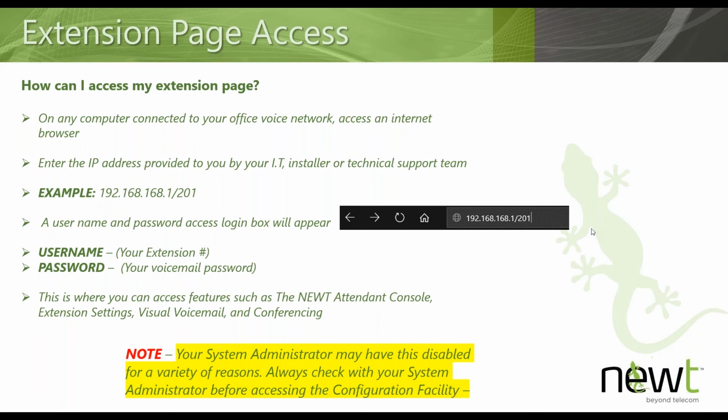Your username will be your extension number and your password will be your voicemail password that you use today. If you haven't set up your voicemail, then your voicemail password will still be the default. So this is where you can access features such as the Newt Attendant Console, extension settings and call flow, visual voicemail, and also conferencing. So let's get into it.